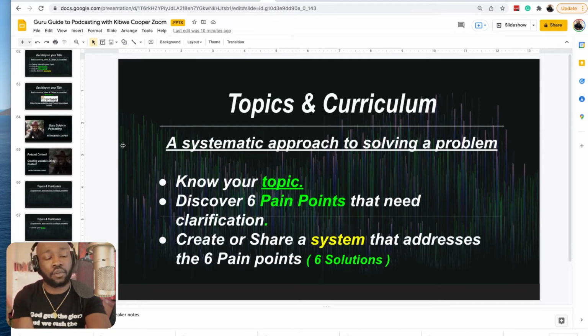Your system allows you to alleviate all 6 of those pain points, and you do that through this unique way that you work with your clients. So we've got your knowledge of the topic. We have the 6 pain points that you're going to need to address in order to help your clients achieve some level of transformation, and you have your signature system that you use.